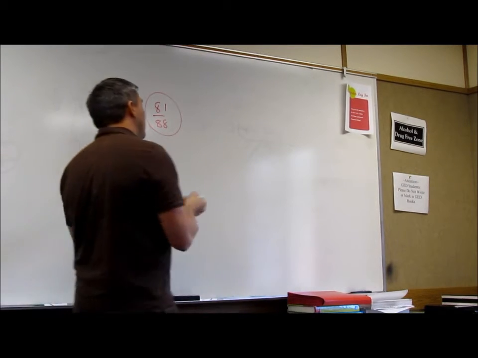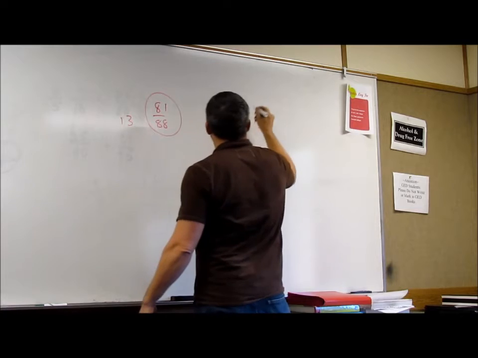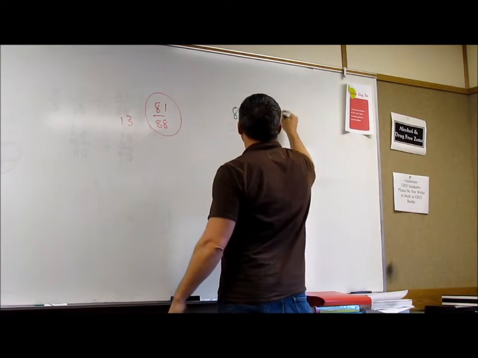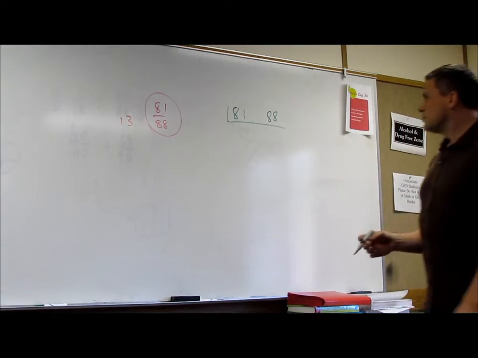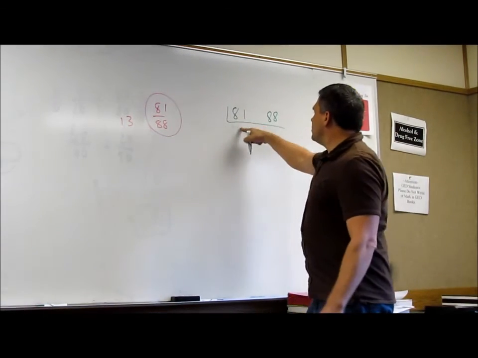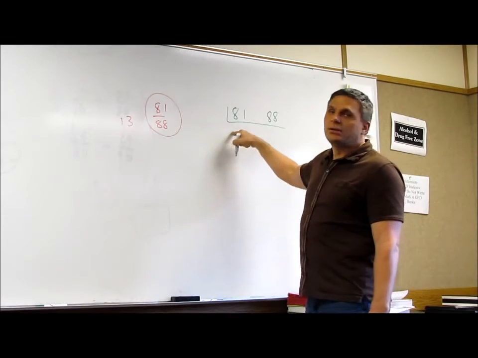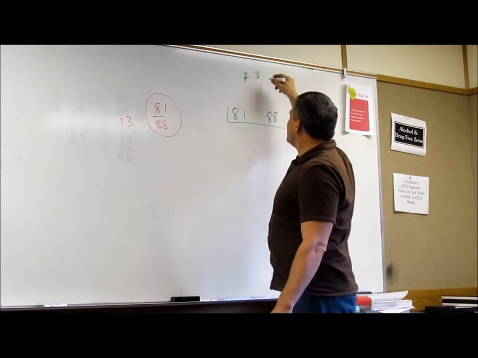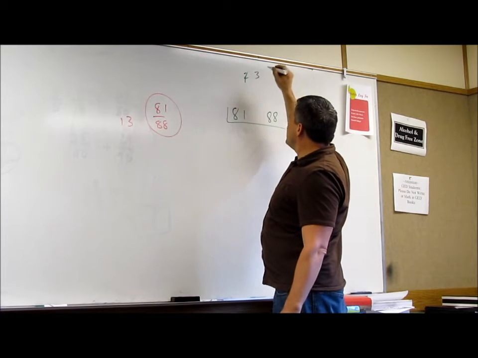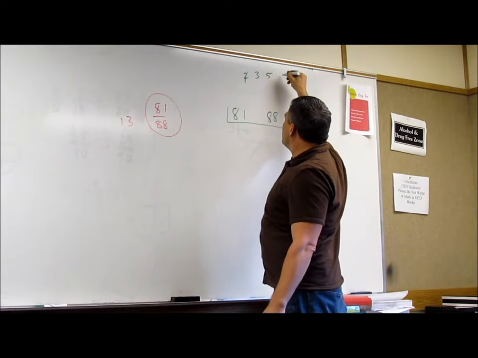So again, use our manipulative tool. 81 and 88, does any number go into both of them? I see if 2, well, they're not even, right? So 2 doesn't work. What about, remember my 3 things? 2, 3, 5, 7.